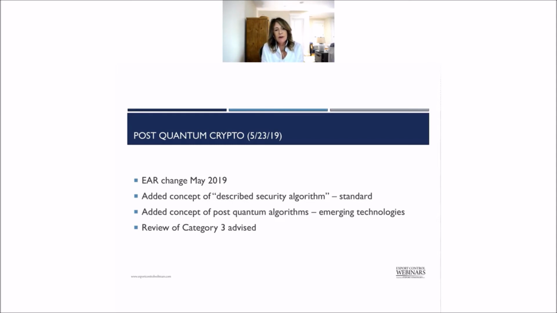There's something called quantum computing, which uses physics to make massively powerful computer chips. With a massively powerful computer that uses quantum technologies, you're able to do data crunching a million times faster than you can now, and that makes standard cryptographic algorithms less secure. That's why there's a concern about quantum computing and quantum cryptography.